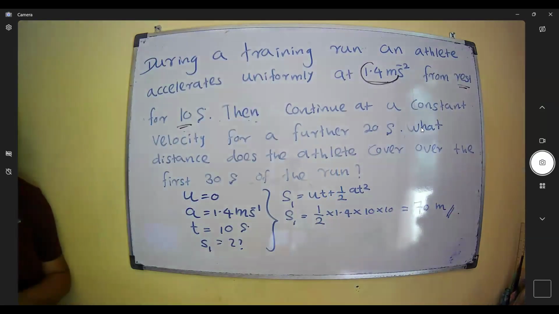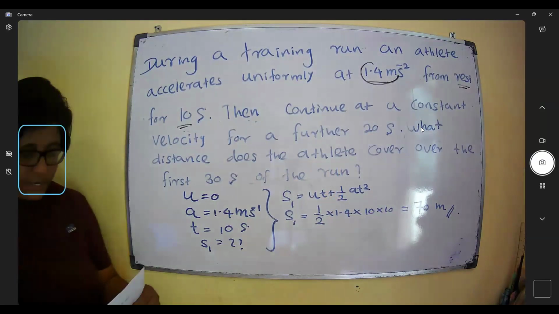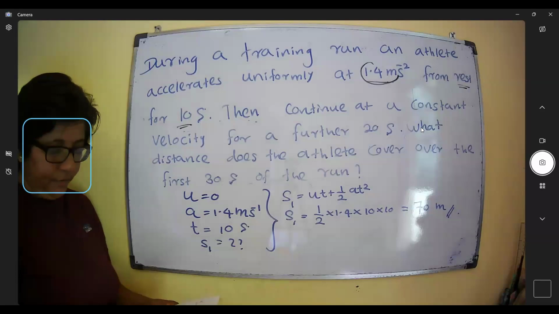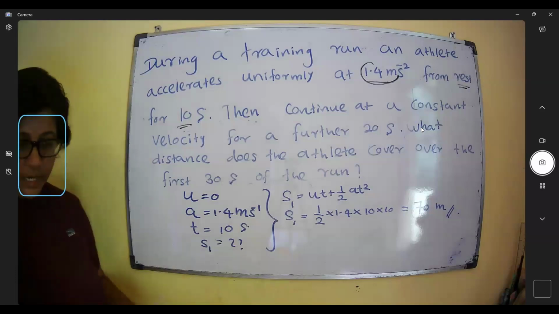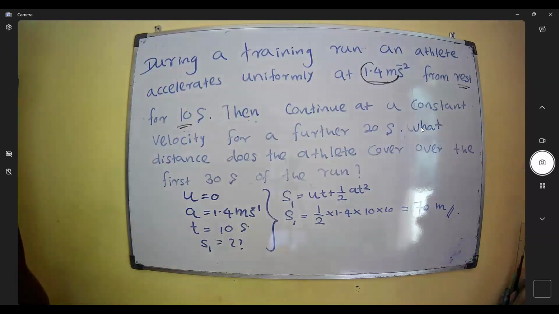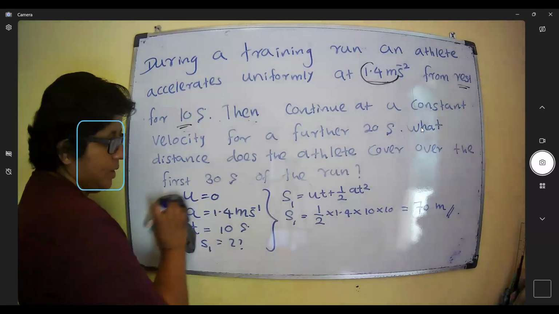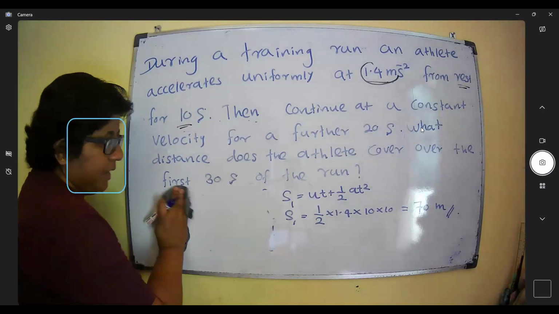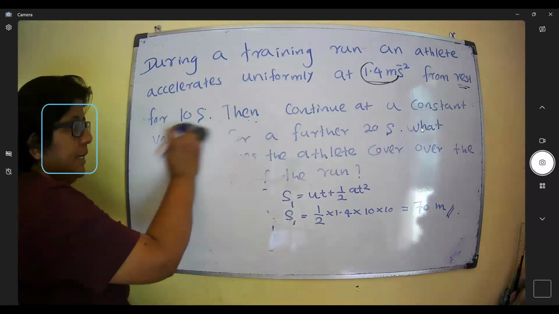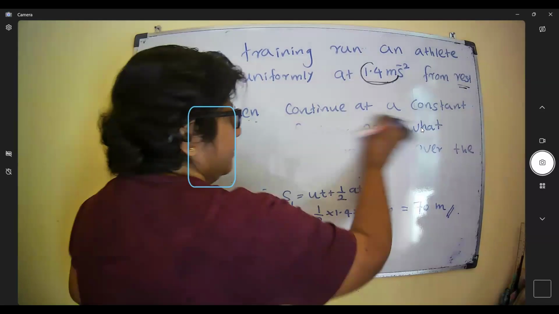In the other part, the athlete moves with constant velocity, but we have to find the velocity after the 10 seconds, right? So we find the final velocity after 10 seconds. We want to find V. This is case one, you can remember that.